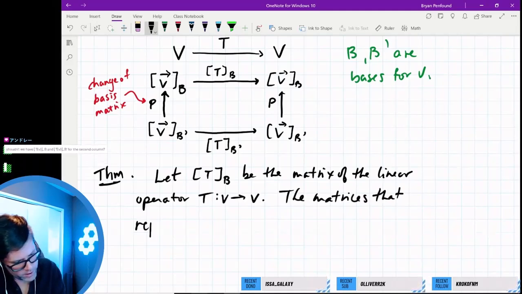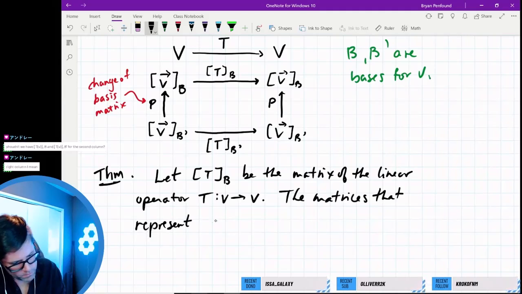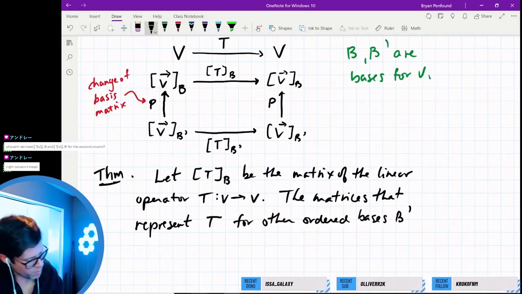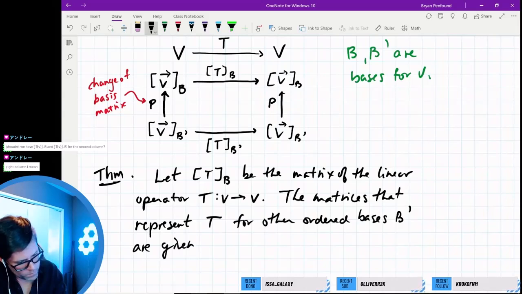And so the matrices that represent T for other ordered bases, I'm going to call them B prime, are given by the following.